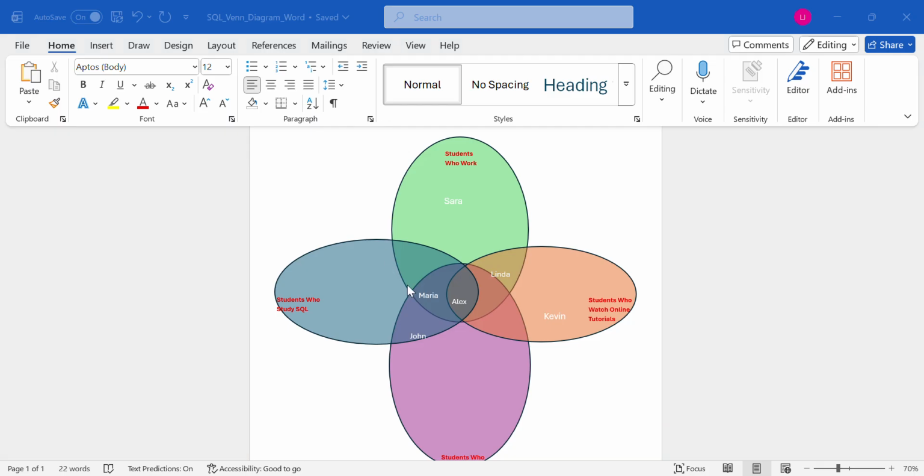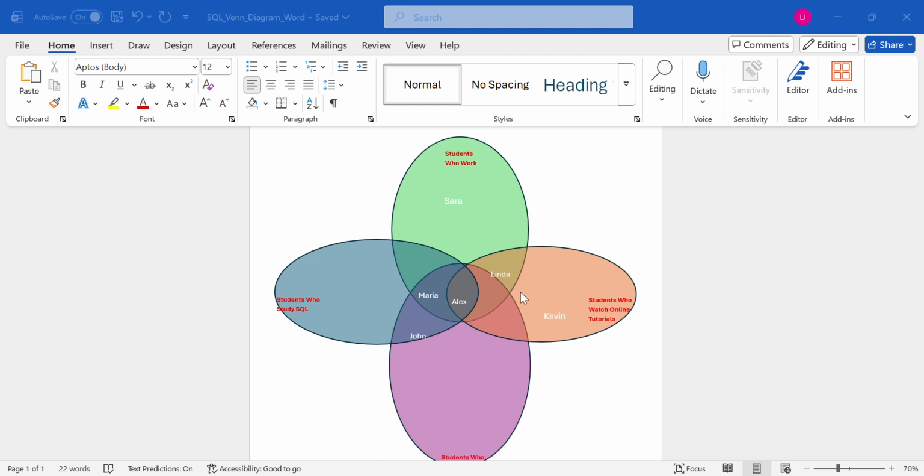Let's talk about the full joins. In SQL, the full join combines records from both tables, matching rows where possible, filling in nulls where there is no match. Just think of it as showing everything.